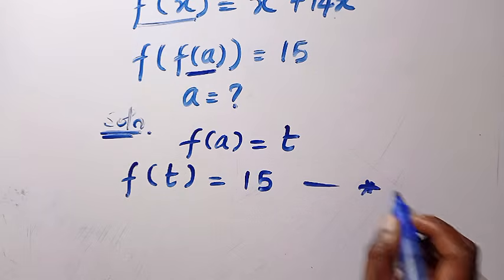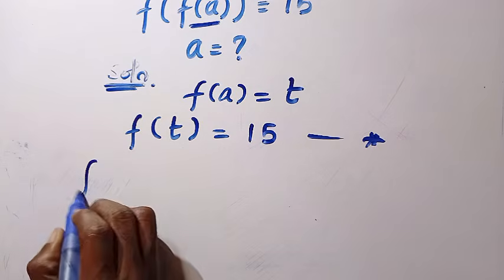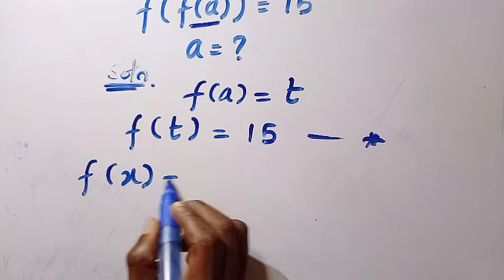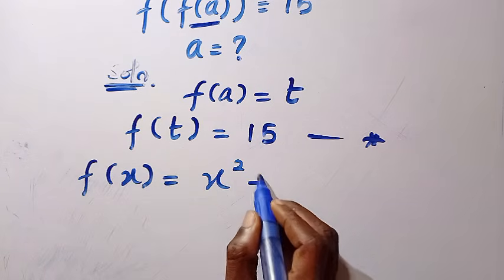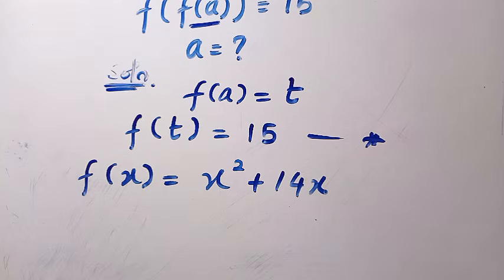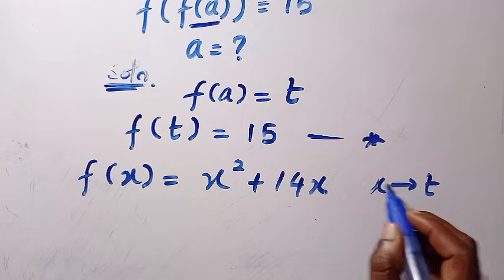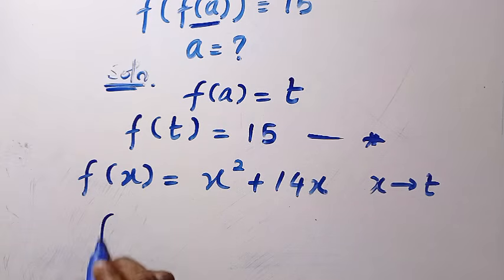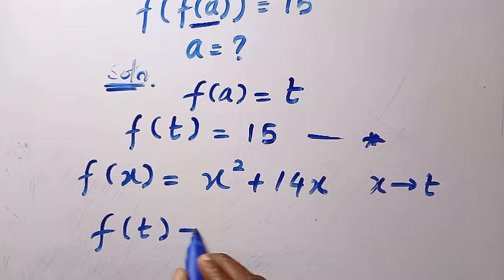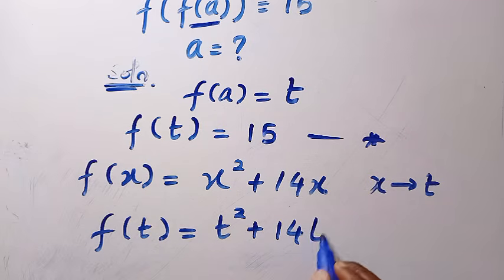From the original question, we have f of x equals x squared plus 14x. Assume I change this x to t. If I change x to t, we are going to have f of t equals t squared plus 14t.